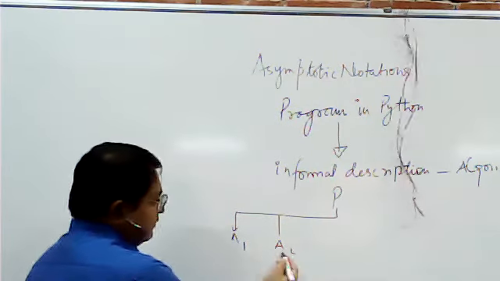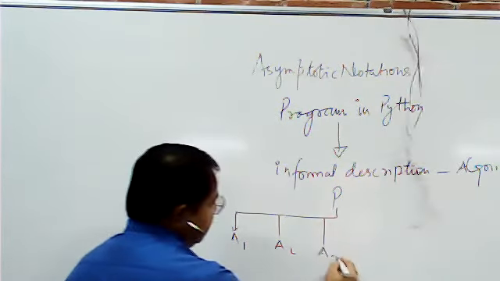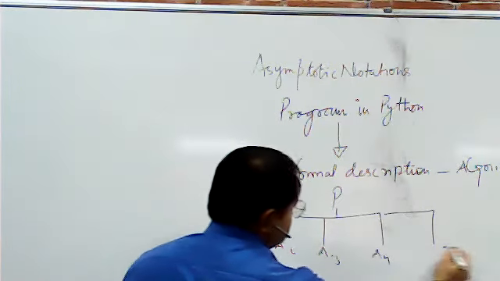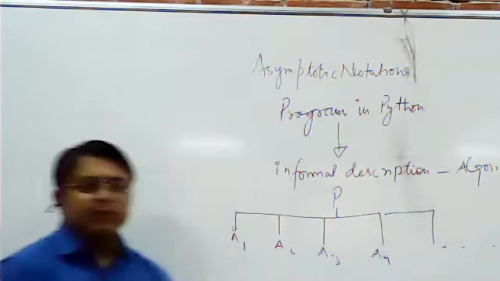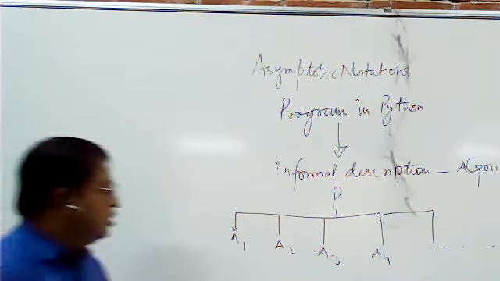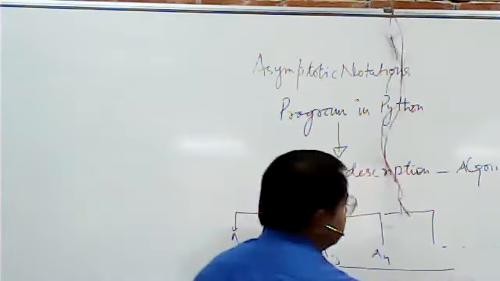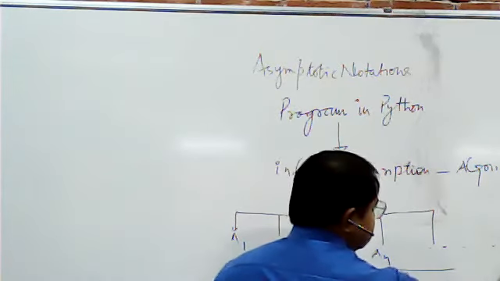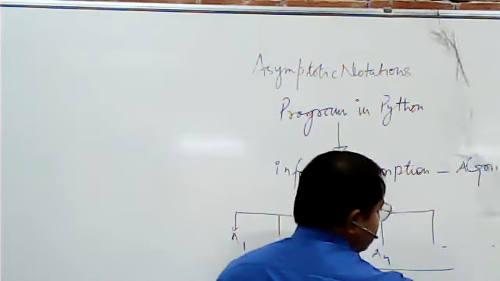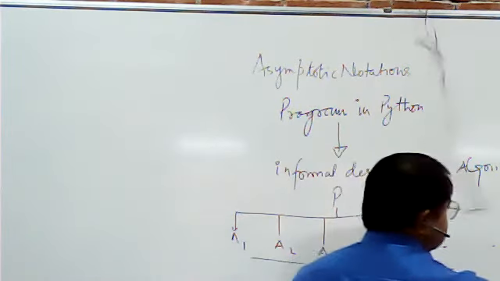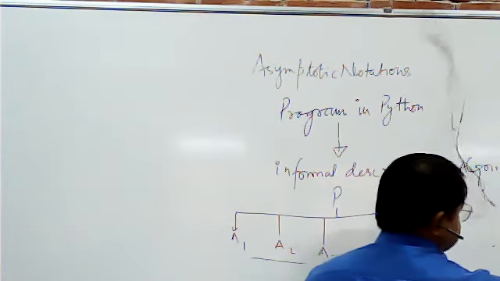So one solution is A1, another is A2, then we have A3, then A4, and so many for a particular problem. What we need is to find which solution, among these, is best in terms of time and space.